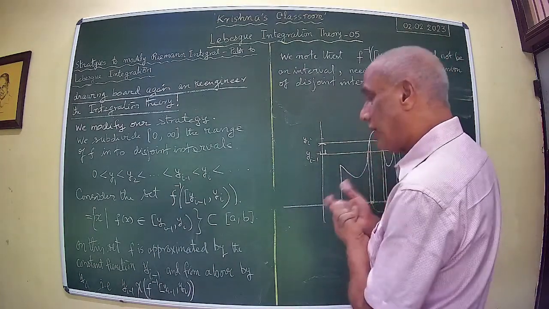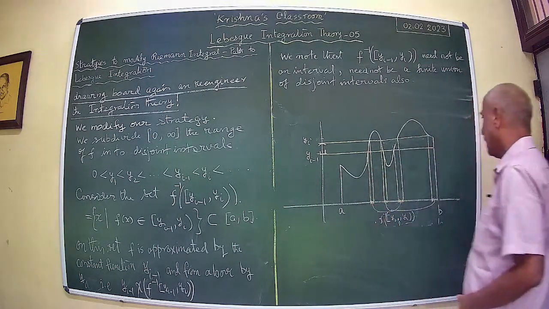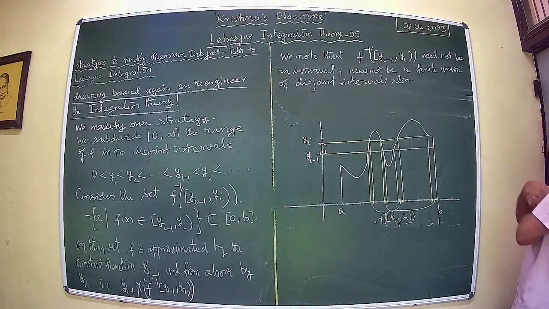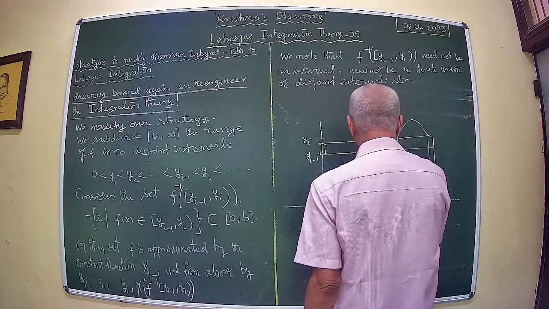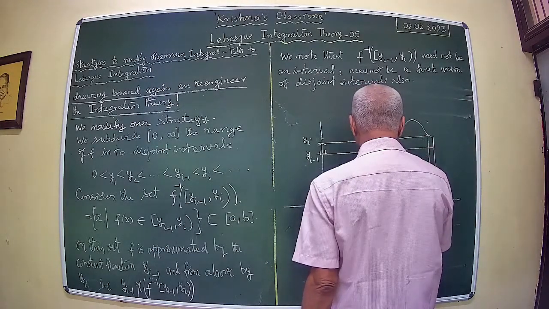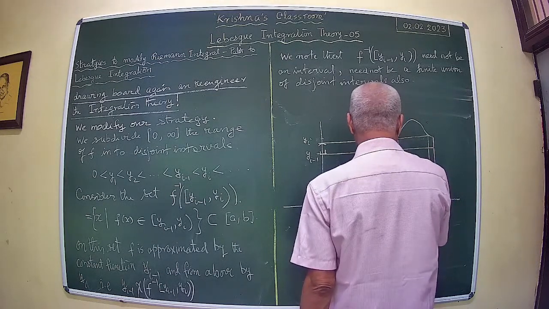But it may not be an interval. As you see here, there it's a union of 4 intervals as I have drawn here. Therefore, this is the area that you are talking about. This area, this area.